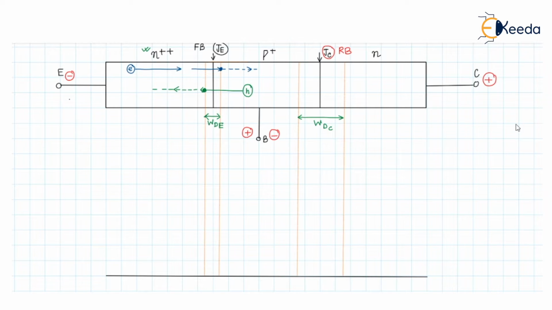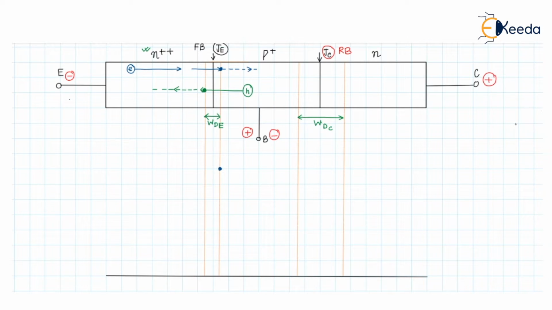Now the minority carrier concentration in the base, if we draw it, we know the minority carriers coming from the emitter into the base have a very high value at the edge of the emitter. So let us denote this as this point, because we are plotting the minority carrier distribution.